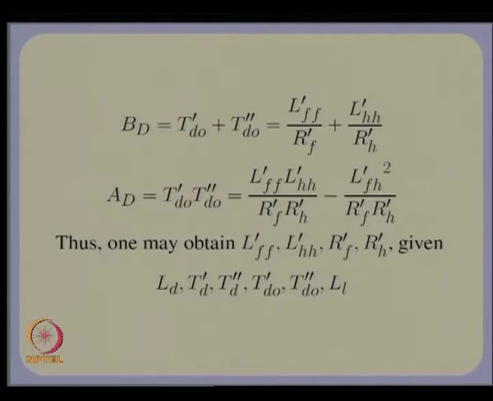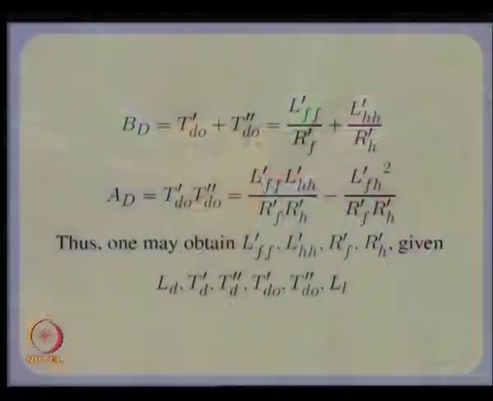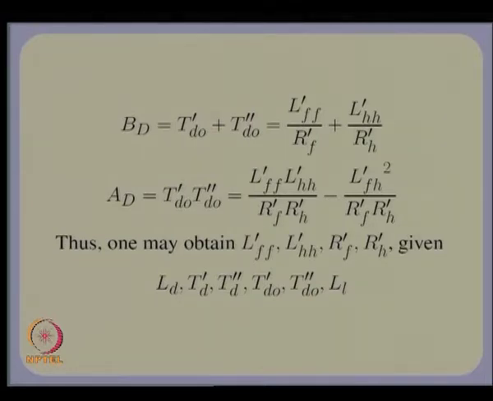But the important thing is that we have made one assumption and there is one additional parameter which we have to obtain from measurement. We effectively get 6 parameters from measurement, that is LD, TD dash, TD double dash, TD0 dash, TD0 double dash and LL, and the only parameters we need to get are LD, LFF dash, LHH dash, RF dash and RH dash.